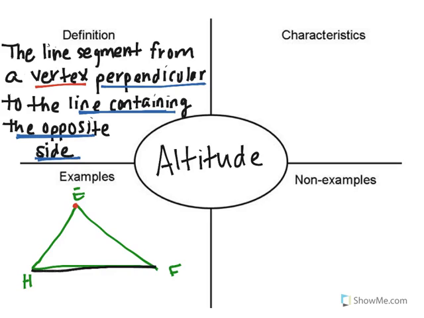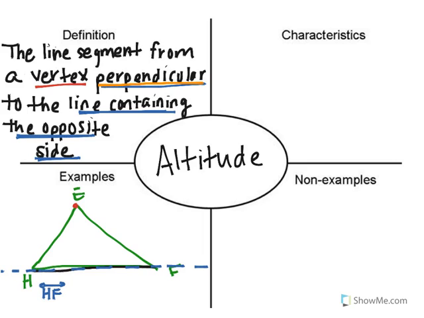What I mean by that is we can use dotted lines and extend the line segment HF to go on forever in both directions. This is going to be really helpful when we do a specific type of altitude in the next example. If I extend that, the blue dotted line is actually the line that contains the segment HF. And now, looking at our definition, we know that our altitude has to be perpendicular to this line.